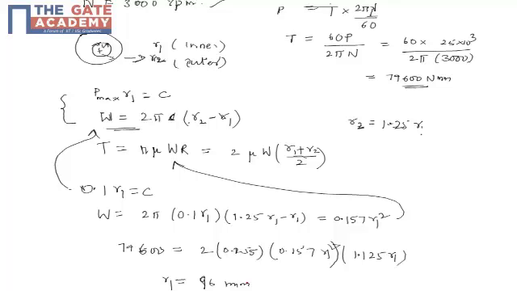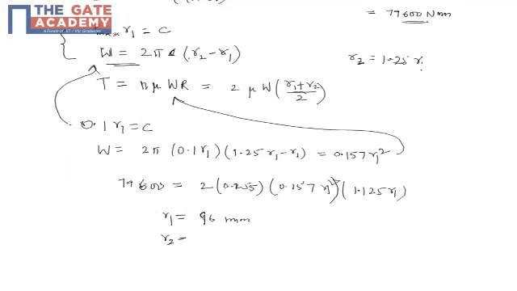Therefore we need to find the outer diameter. R1 is the inner radius, so R2 would be 1.25 times this 96, which is 96 plus a quarter of 96, which is 24, so it becomes 120 mm for R2, and the diameter obviously would be twice that, which is 240 mm, the outer diameter. Let's look at the options to see which matches.